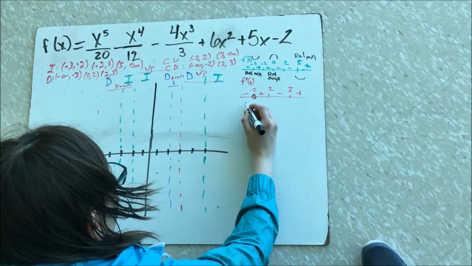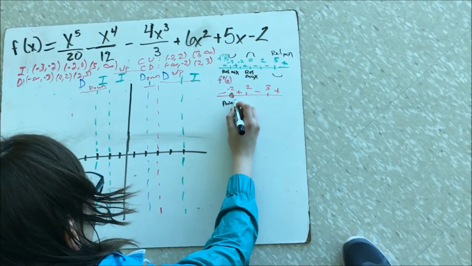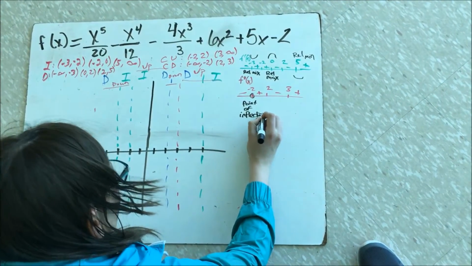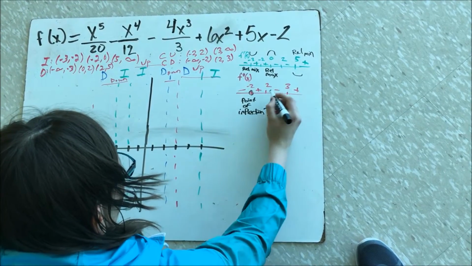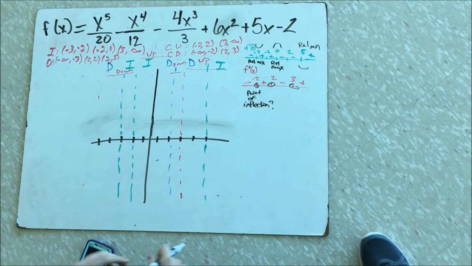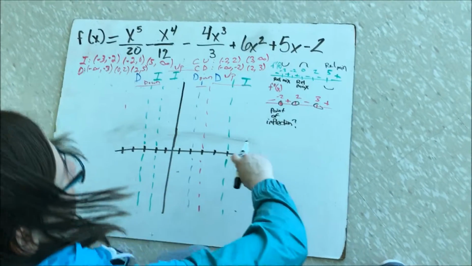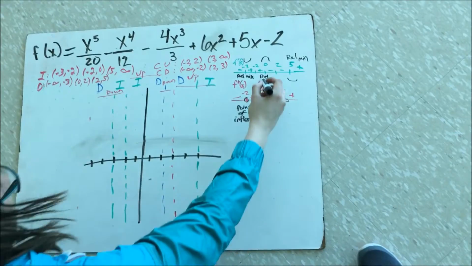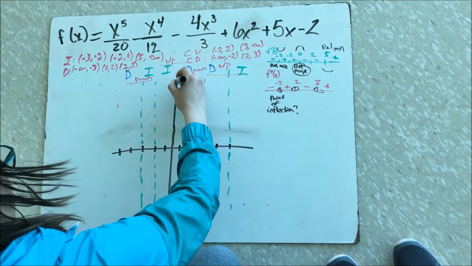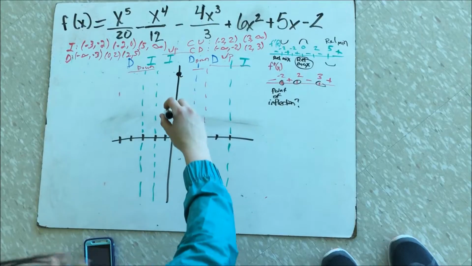And then using that, you can write out your sign charts again, find your points of inflection, which is what I'm writing right now. Up top on the first derivative, I have the relative mins and maxes. Where it's decreasing to increasing, it's going to be a relative min, and increasing to decreasing is going to be a relative max.